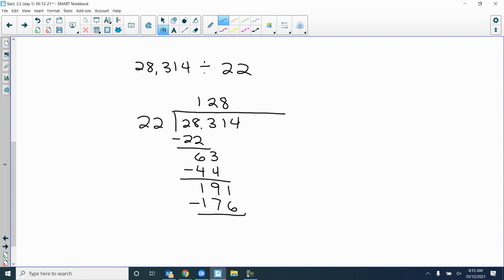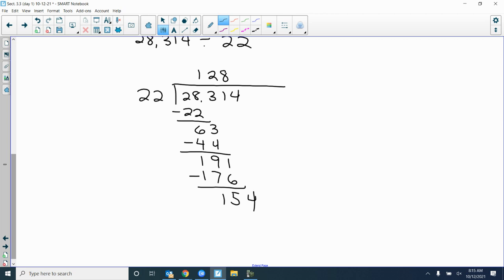What's that give me? 15. Bring down a 4. Oh, 154. Ooh, does it work out exactly? Is that 7? 7 times 22, 14. Carry 1. Huh. It's a 0. All right, so it worked out even.